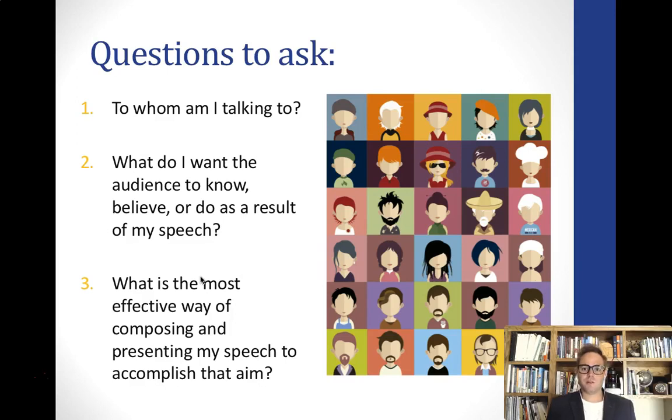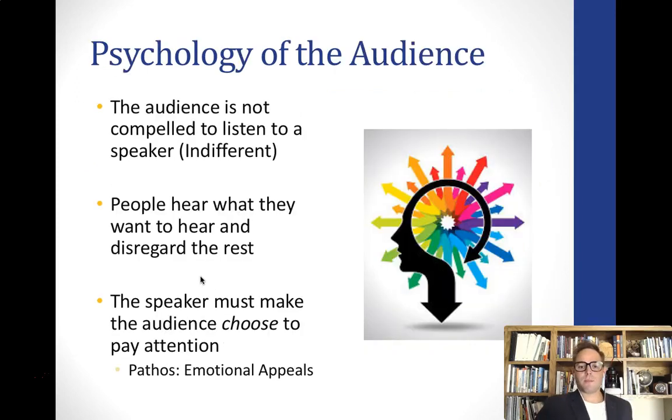Maybe really laying out the evidence or explaining the logic behind a particular process might be more effective than simply trying to appeal to the emotions of the audience. So keep that in mind, that you want to consider what's the most effective way in presenting the speech to accomplish the end result.